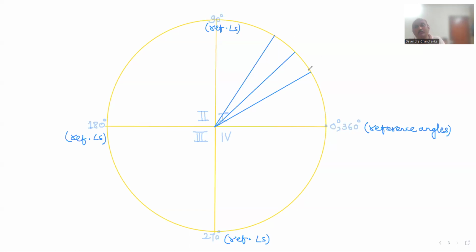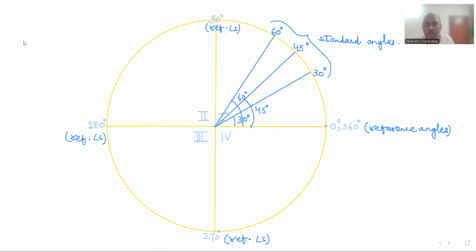These are the angles: 30 degrees, 45 degrees, and 60 degrees. These are called the standard angles of the first quadrant.